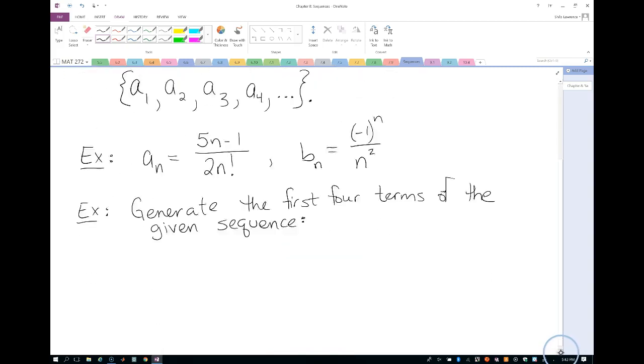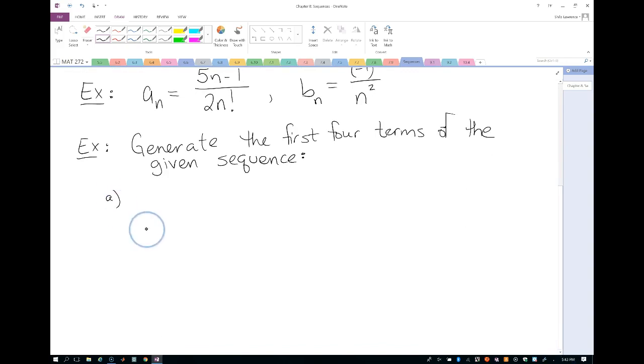The sequence we're going to look at is a sub n equals 2n over n squared plus 3. So this is going to create a set of numbers. For sequences, we always start with n equals 1. We're not allowed to plug in negative numbers. We're not allowed to plug in decimals or fractions. We have to start with 1 and then just continue with the whole numbers above 1.